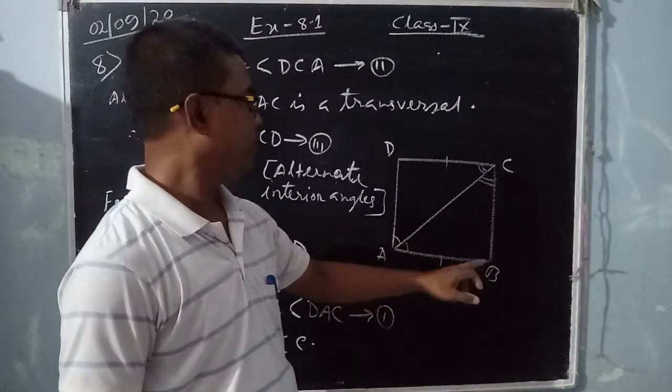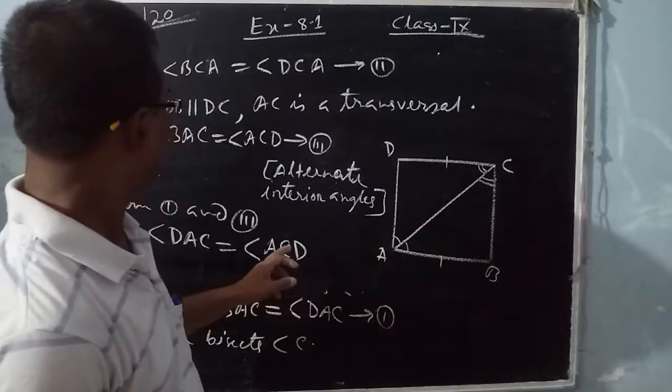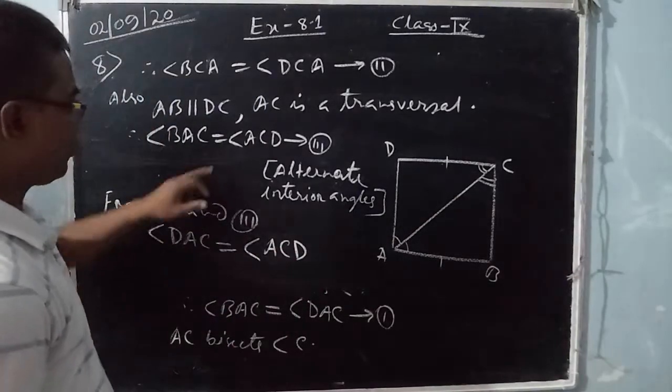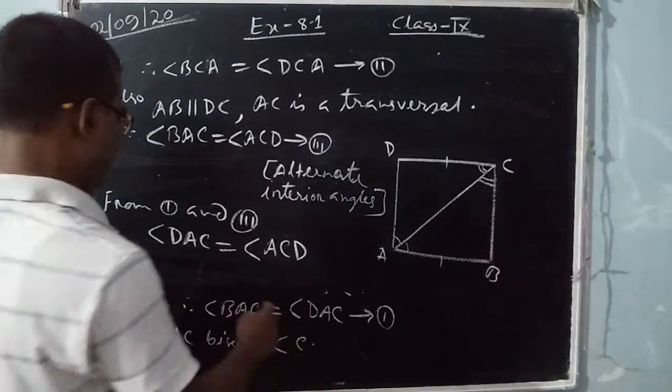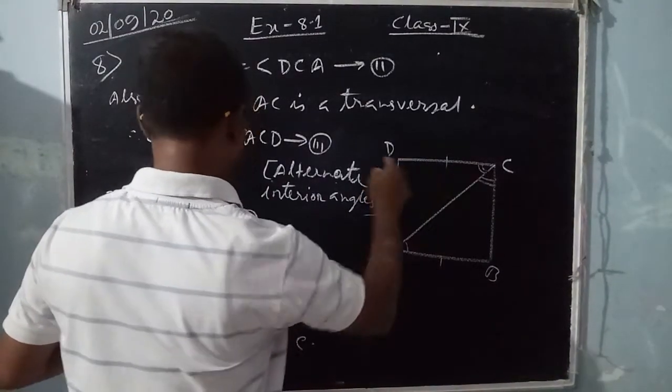BAC equals ACD, so ACD equals DAC. DAC equals ACD.